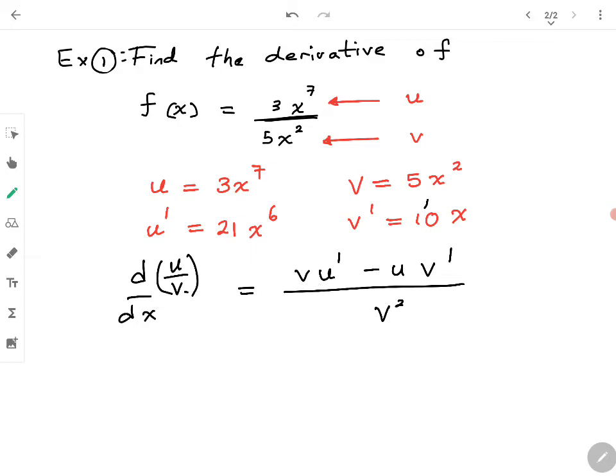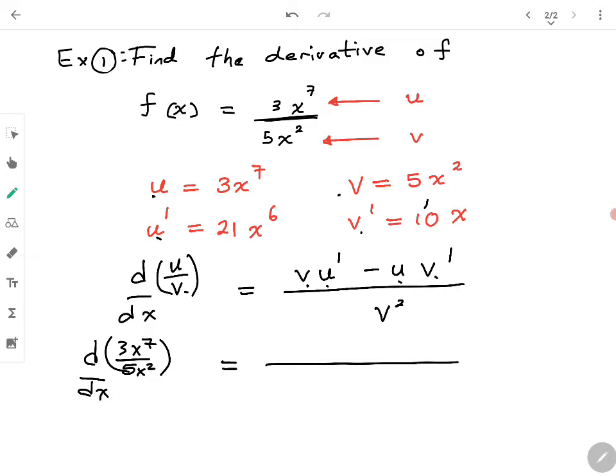We need u, we need v, we already know those two. We also need u prime, v prime, which we have here. Now we can easily find the derivative of this function. So just plug in those terms.